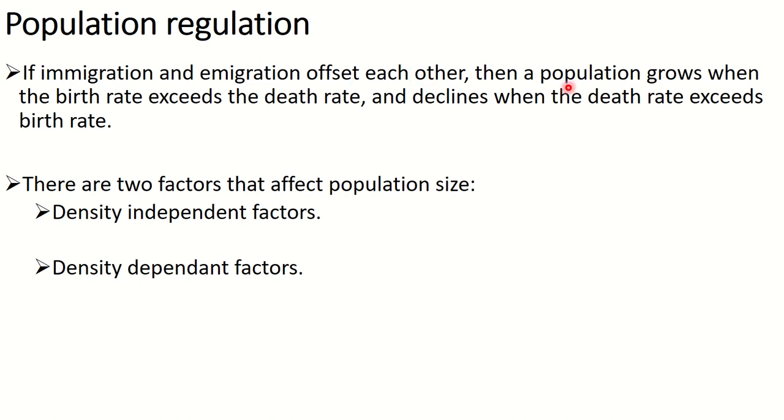If they offset each other, the same amount of organisms leaving as the amount of organisms coming back, then a population grows when the birth rate exceeds the death rate and declines when the death rate exceeds the birth rate. So it's the birth rate or the death rate that will drive the population. There are two factors that affect population size: density independent factors and density dependent factors.